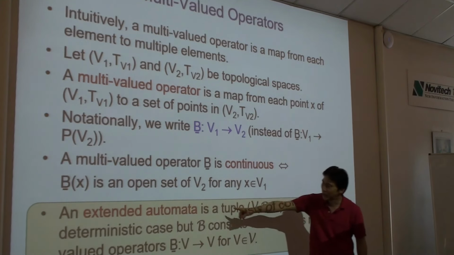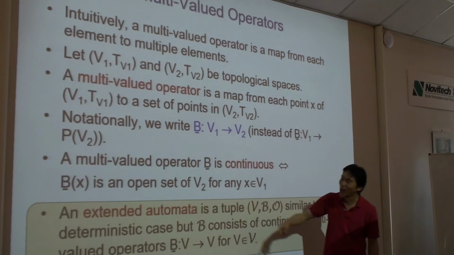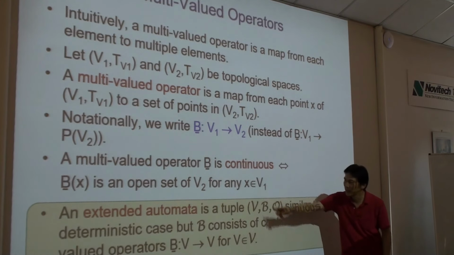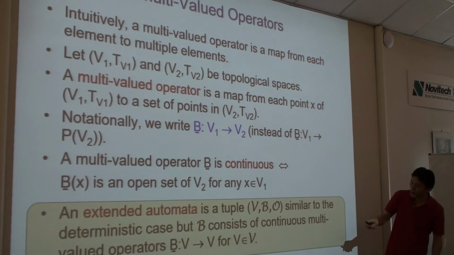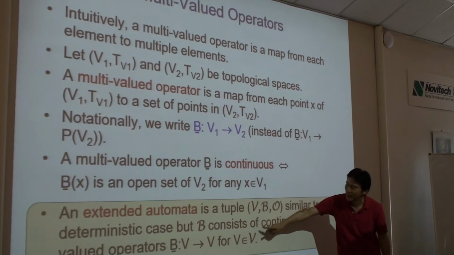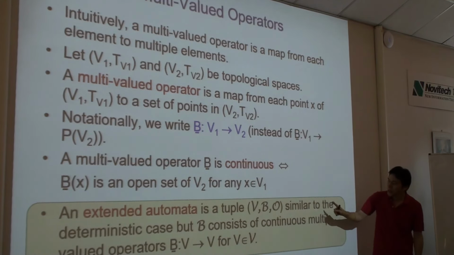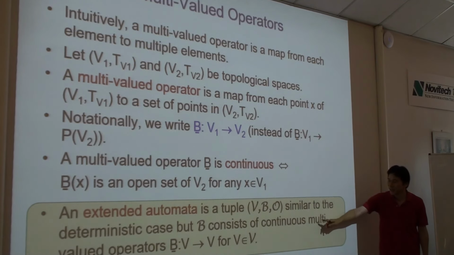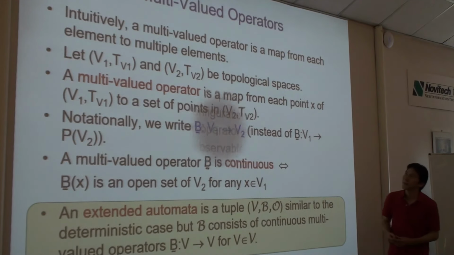Sorry, I have to put the base here, the extended automata base. This is the extension of the deterministic automata base. It is a triplet, similar to the deterministic case, but this B consists of continuous multi-valued operators instead of just a single-valued operator. That's the only difference.